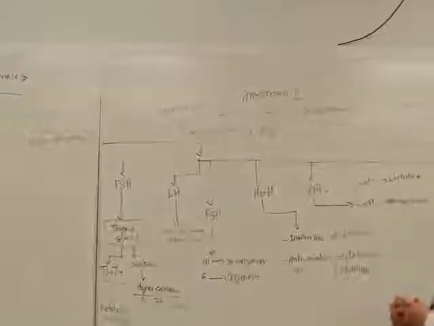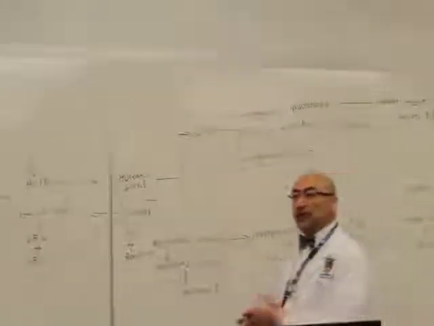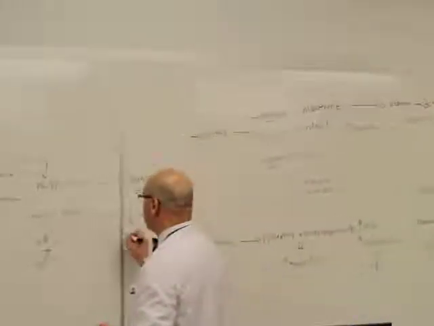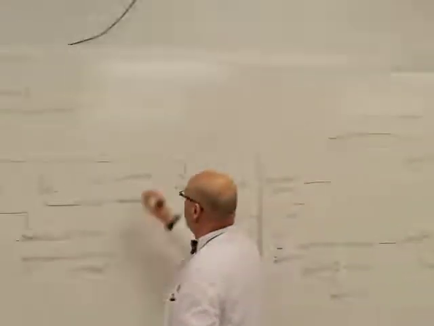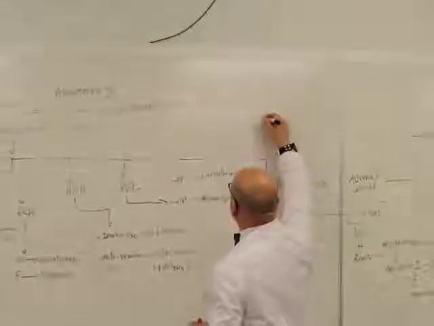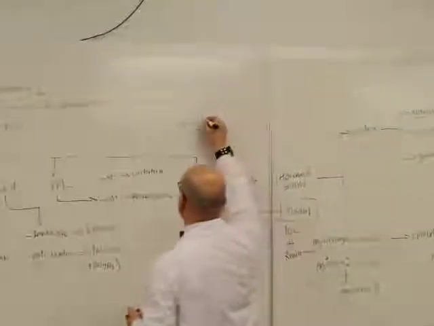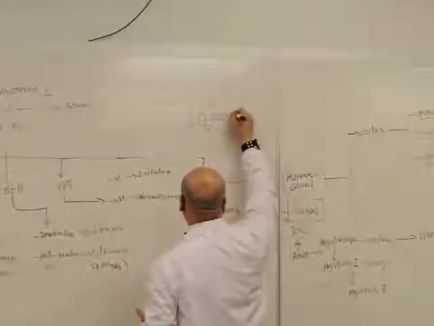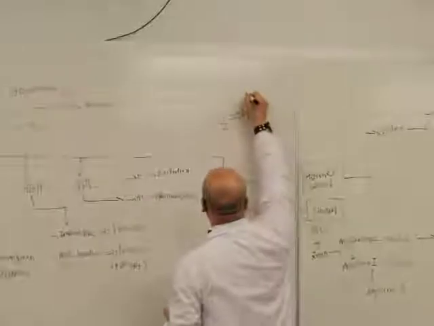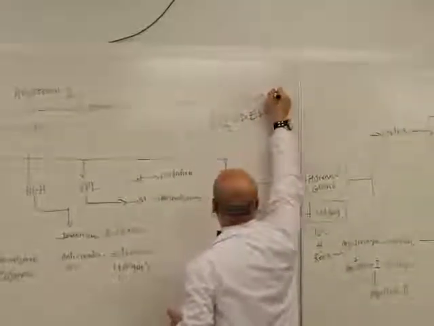So what else do you get in terms of hormones from kidneys? Erythropoietin. Very good. So when you have hypoxia, or low level of oxygen in patients, it activates the release of erythropoietin from the kidneys.